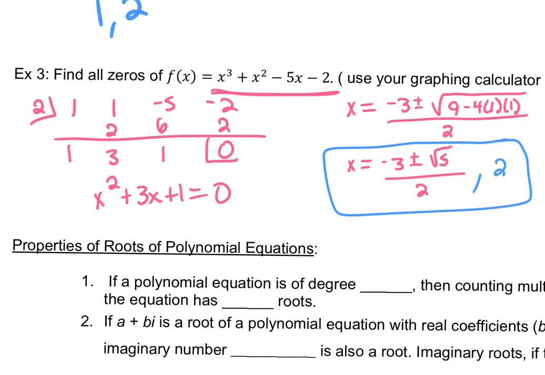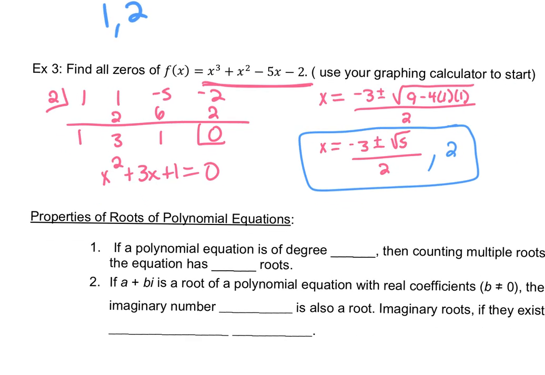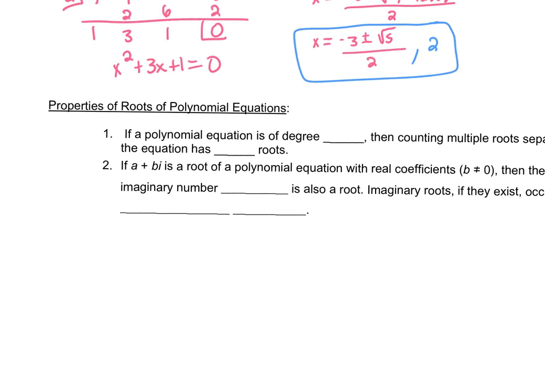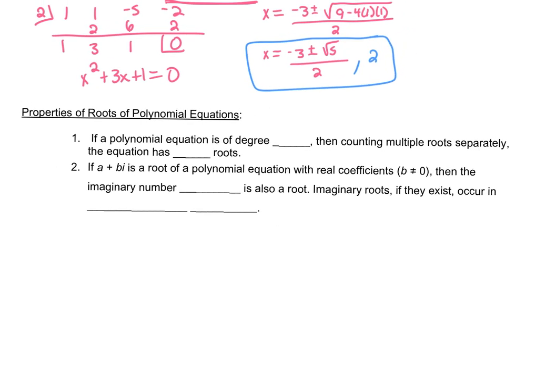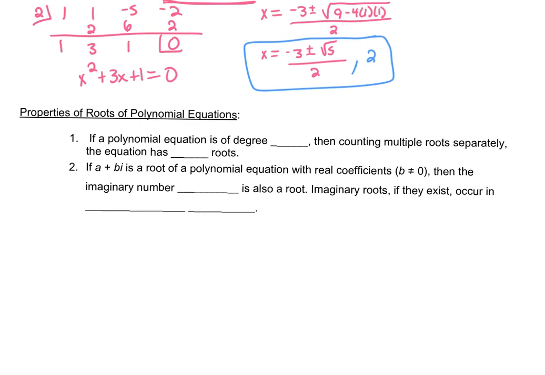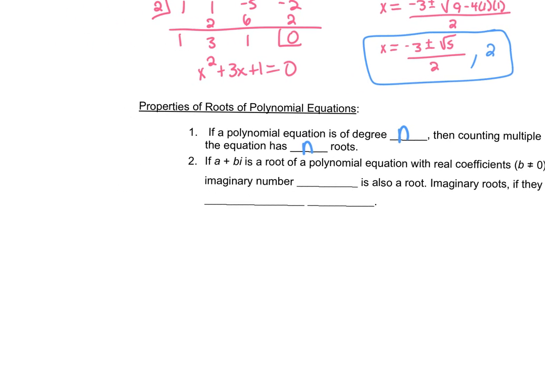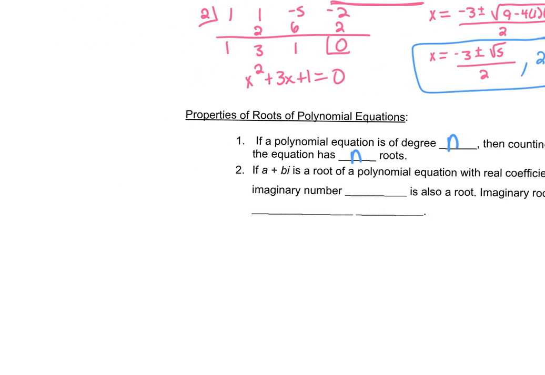Okay. All right. Reminder, we've talked about this already a little bit. Here's some properties. If a polynomial equation is of degree n, then counting multiple roots separately, the equation has n roots. In other words, if I tell you that we have something that is degree 3, then we know we have to have 3 roots or zeros or solutions.